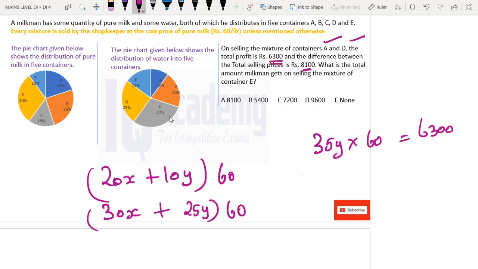So the difference between these two is 10x plus 15y into 60, which is equal to 8100.